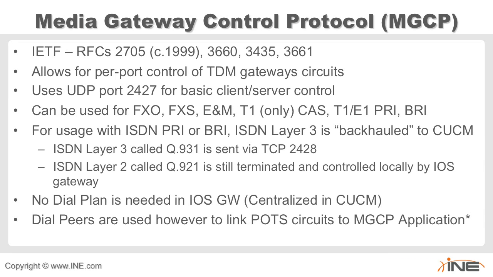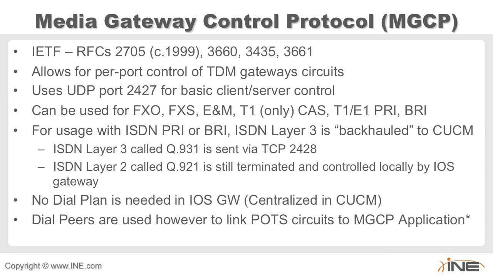Uses UDP port 2427 for its basic client server control mechanisms, and it can be used with FXO, FXS, and analog. It can be used for T1 CAS, but not E1 CAS. Actually, this support is coming, but I believe it's either 8.6 that it's here. I think it's actually a 9 that it's coming, but it's not here yet.